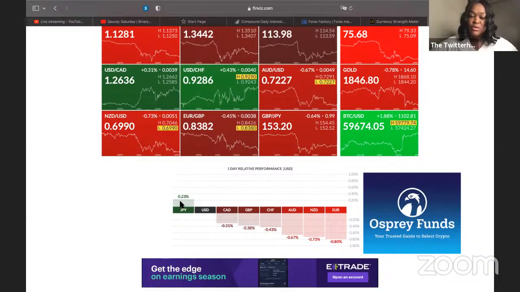What would be a buy? Okay, so a call would be USD CHF. USD is to the left, the first currency is greater than CHF, the Swiss franc, the second currency, being to the right.